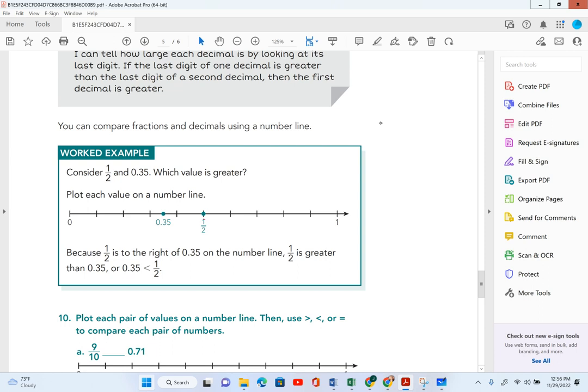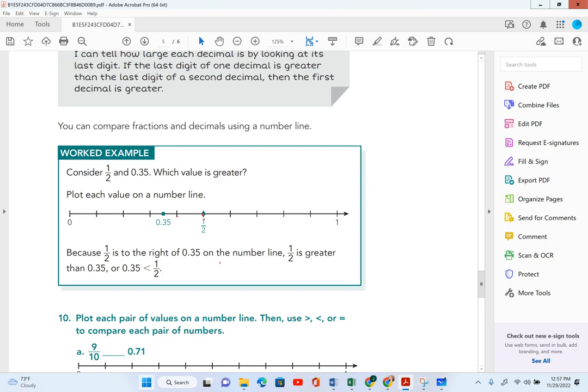So this is my halfway point, and that's 1/2. So each one of these is 0.1, and 0.35 is going to be halfway between the 3 and the 4. So it'll be right there. Because 1/2 is to the right of 0.35 on the number line, 1/2 is greater than 0.35. And so we would say 0.35 is less than 1/2.